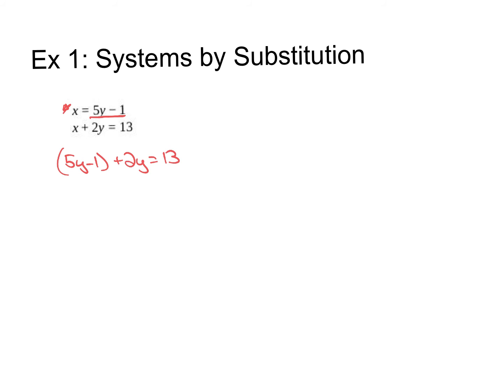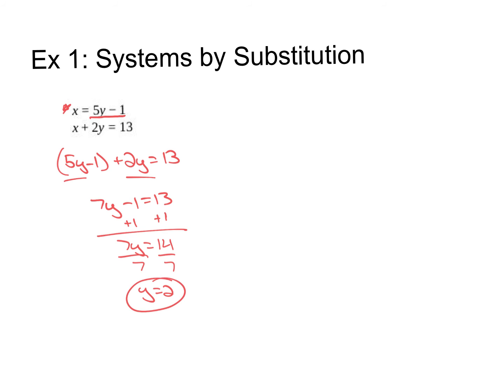And now this is going to allow us to solve because you can see we have like terms, nothing to distribute, so we can just ignore those parentheses for this one. That's going to set us up to solve. Add 1 to both sides. Divide by 7. And that's going to tell us y equals 2.